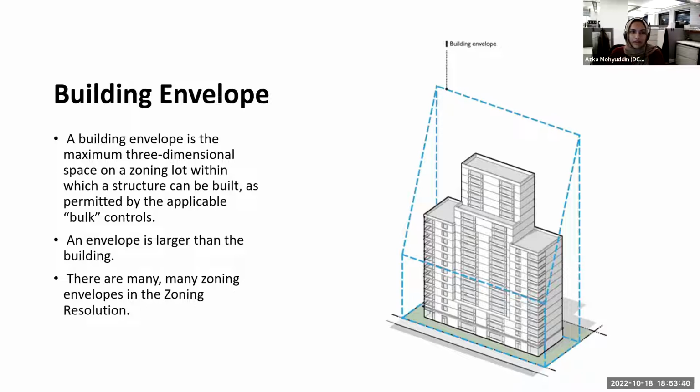So how does that floor area get divided up? That's where the zoning bulk envelope comes in. A building envelope is the maximum three-dimensional space on a zoning lot within which the FAR needs to fit. The envelope can be larger than the building that eventually gets built on that space. Throughout the zoning resolution, there are many different sorts of zoning envelopes.